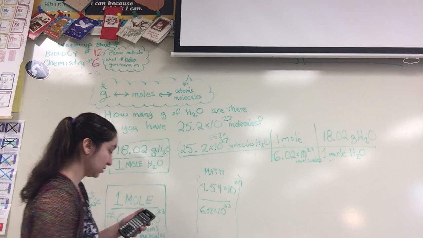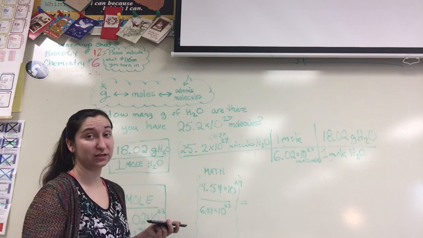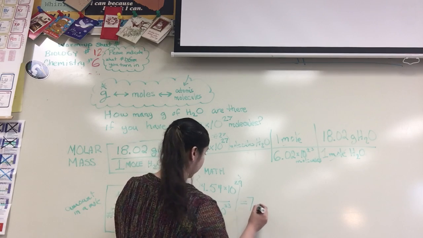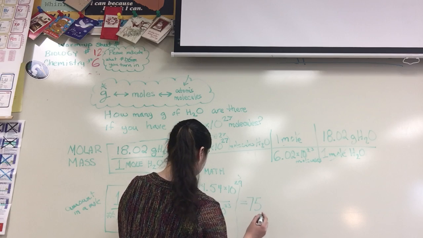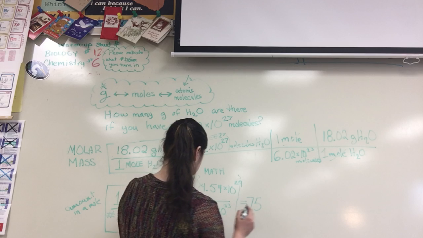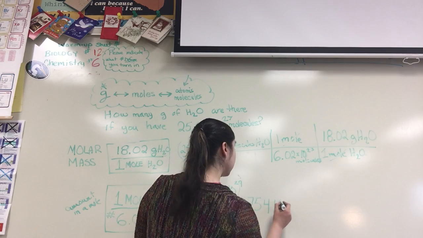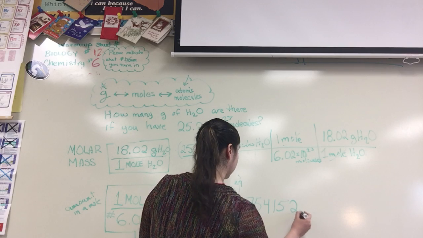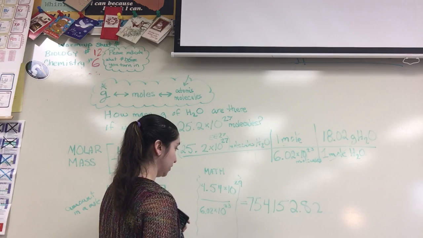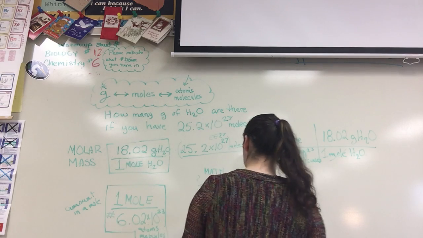That's expected. I'm going to put it back into scientific notation because you really should. But if you didn't, that's okay. You're just going to wind up having a huge number. And I'm getting this huge number. Okay, and we'll see if that makes any sense here in a second.